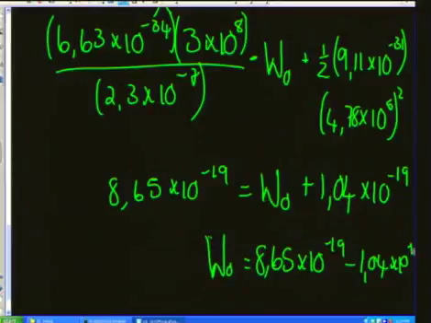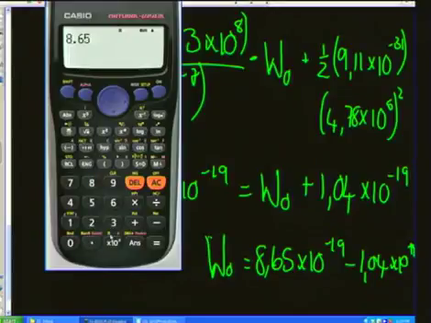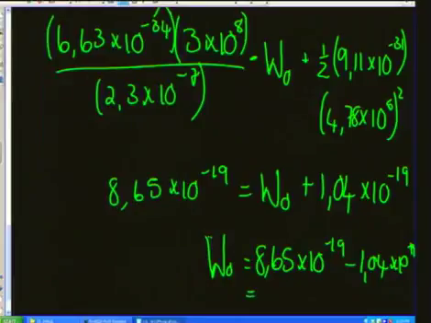Okay, we'll pretend that the 19 came out over there. So let's put that in. 8.65 to the minus 19 minus 1.04 to the minus 19, and we get 7,61 times 10 to the minus 19.